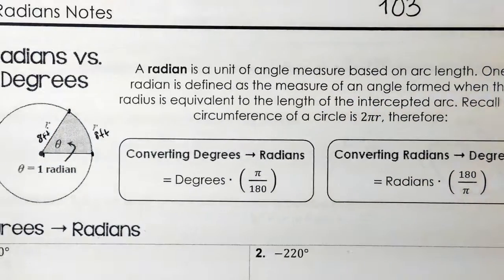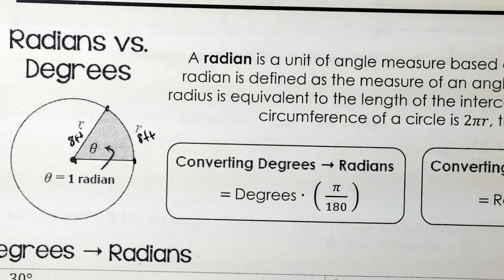Let me zoom in. And they're saying it's always the case that the degrees created by 1 radian are going to be pretty much the same every time.